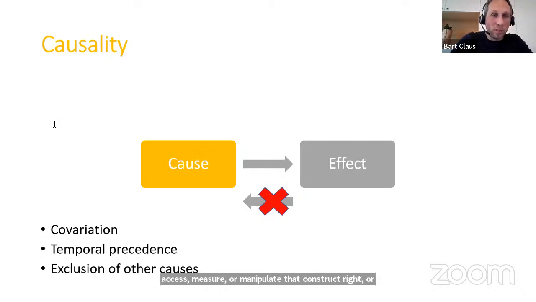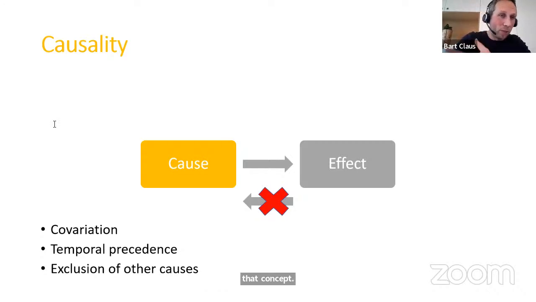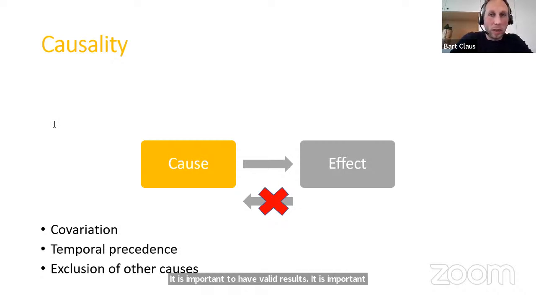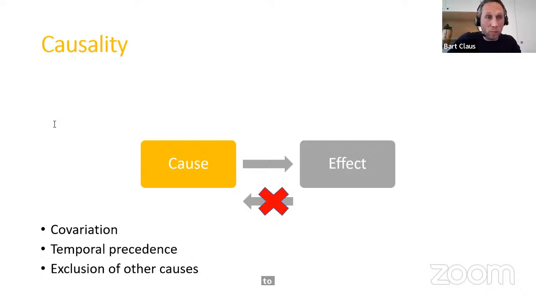It is important to have valid results. It is important to be as close as possible, right? And one technique of doing that, so I already mentioned that it's sometimes useful to have several dependent variables. This is one way of making sure that we get closer to the concept that we are trying to measure, right?